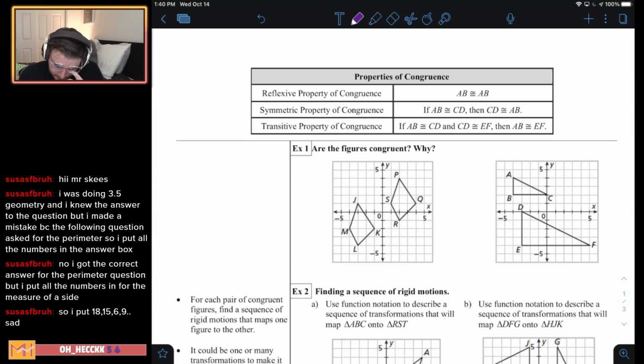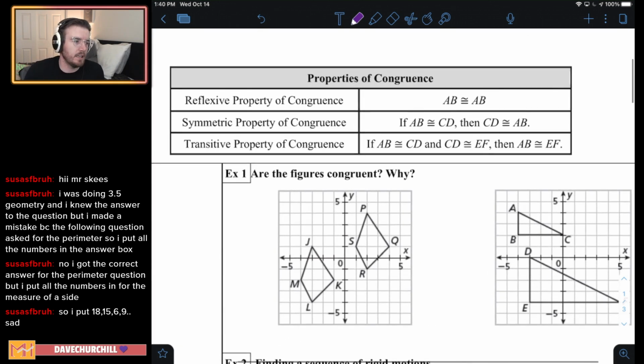Here are some quick statements of congruence. You can think of congruence as like an equal sign. Of course, an object is congruent to itself, right? I am equivalent to myself.